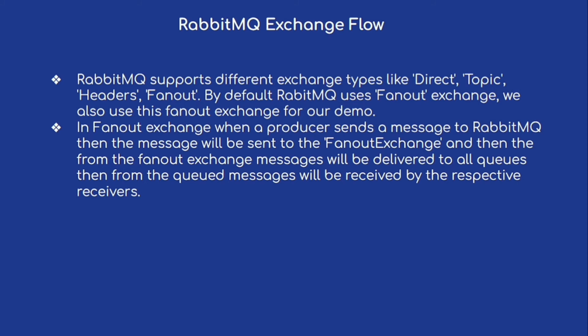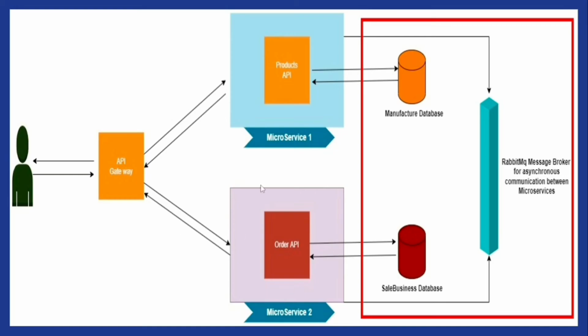Once the queues are registered with the consumers, whenever a message arrives in the queue, the consumer will read the message. In our project, the SalesBusiness.API project will be our consumer.